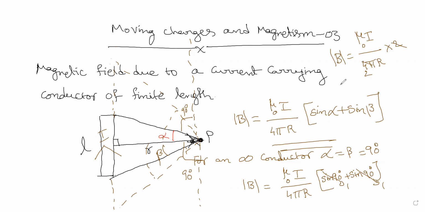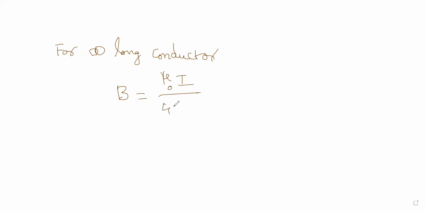You can make a note here. For an infinitely long conductor, the value of B is mu naught I by 4 pi r times 2.